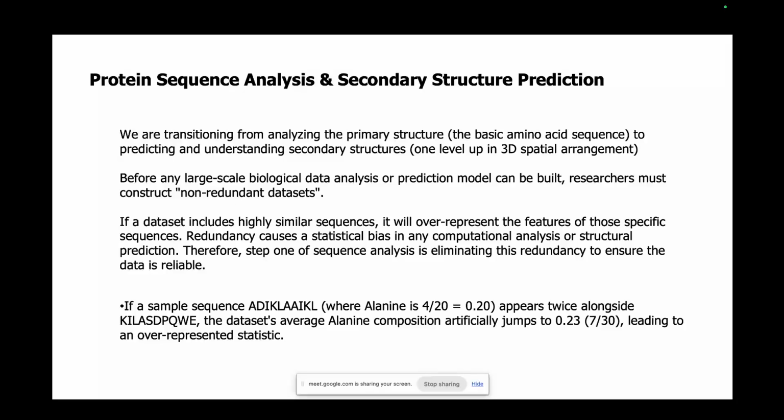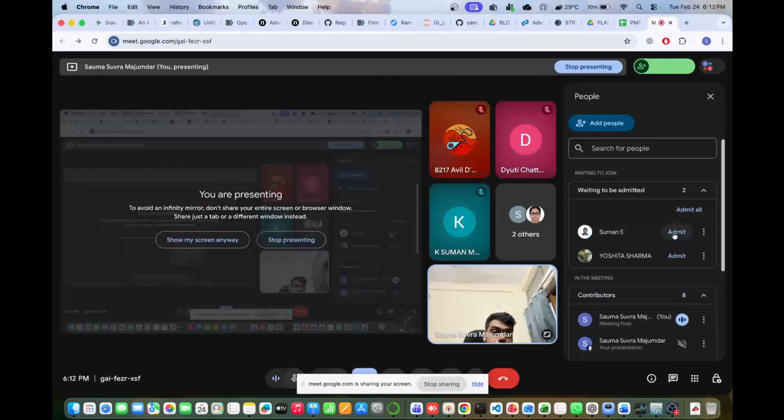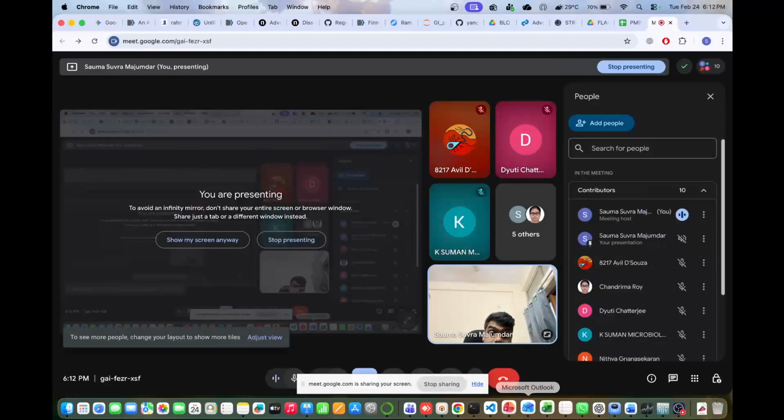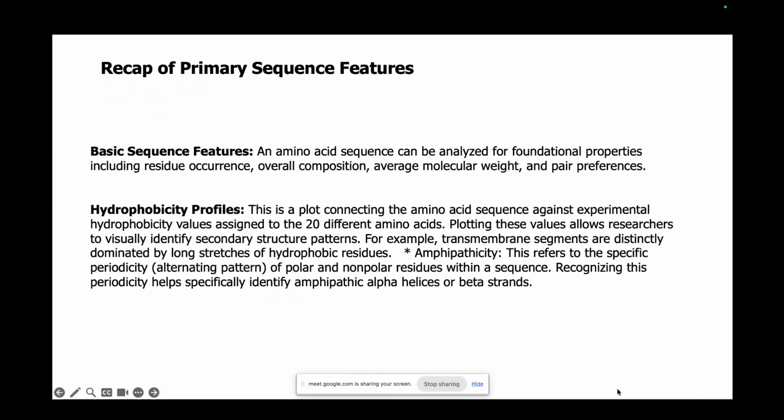If you have redundant protein sequences, you count the amount of each amino acid over the whole database, how much alanine, proline or glycine is present. If you have very similar sequences in those databases, the composition of the different amino acids would be increased artificially, which you do not want, because that would bring about statistical bias, right?